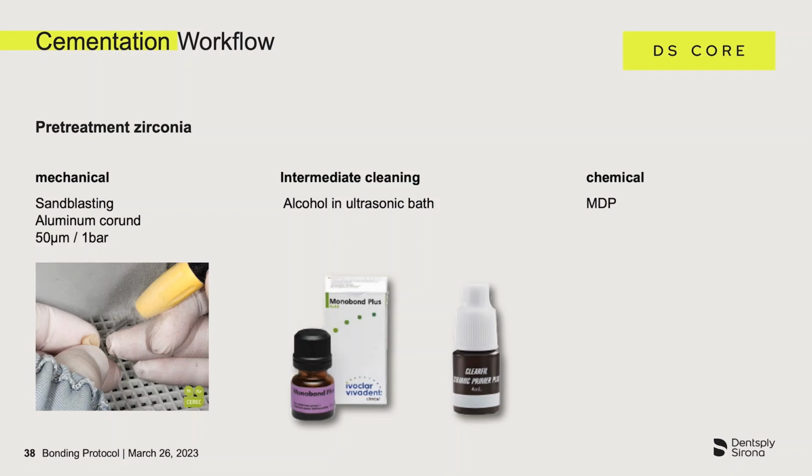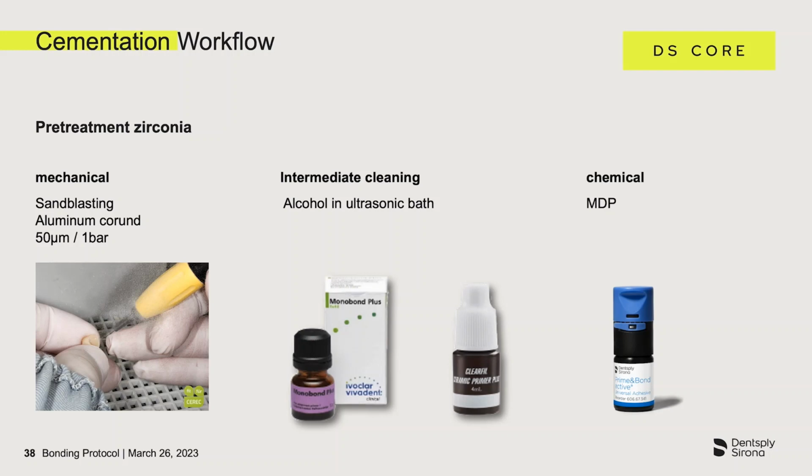For zirconia, we achieve the necessary roughness of the surfaces by blasting with aluminium oxide powder. The particle size of aluminium corundum should be 50 microns, and the pressure applied should be 1 bar and not exceed this value.